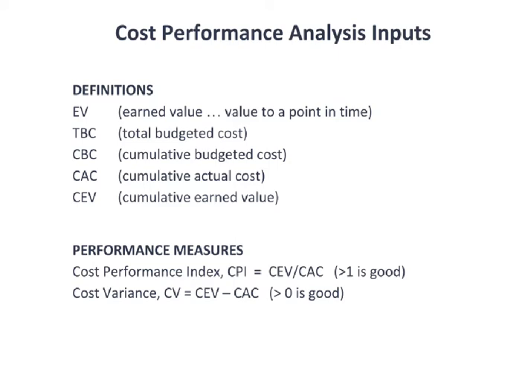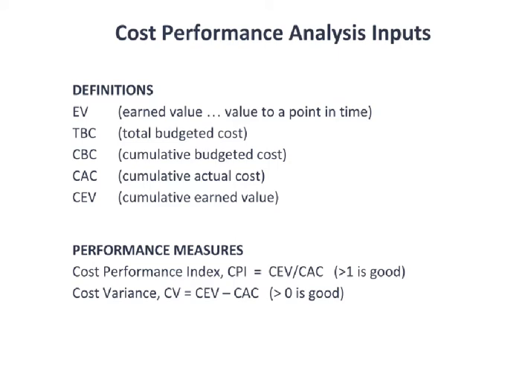Are you accomplishing value at a rate equal to or better than what you're spending? So you want this to be equal to or greater than 1. Greater than 1 is good. Equal to 1 is exactly on plan. Less than 1 means that you're spending more money than you're accomplishing value, which is a danger sign. So the CPI needs to be 1 or greater, CEV divided by CAC.